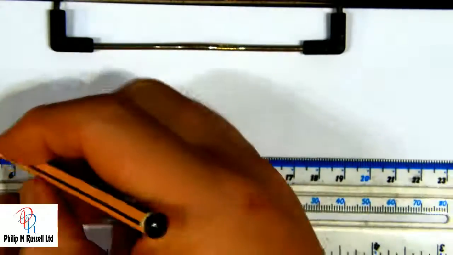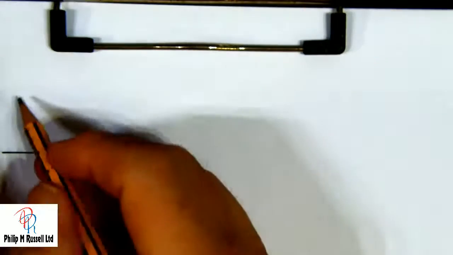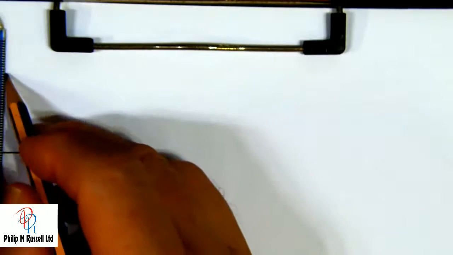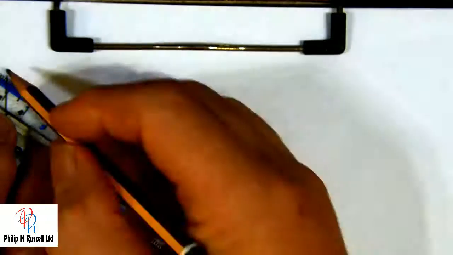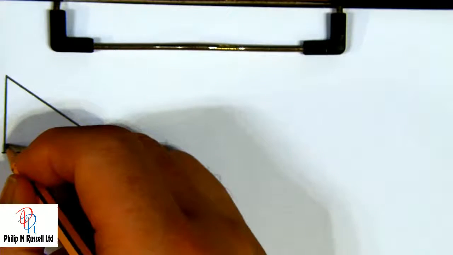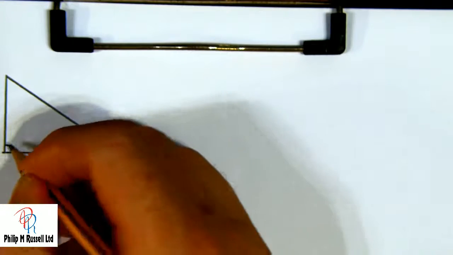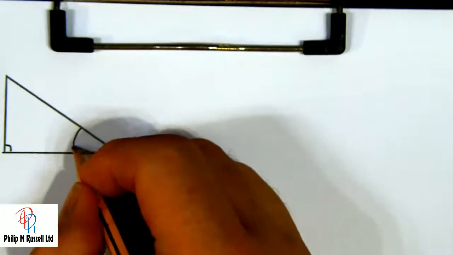Let's have yet another triangle. These are always right angle triangles, so you've always got the same arrangement. And I'm going to put in an angle.